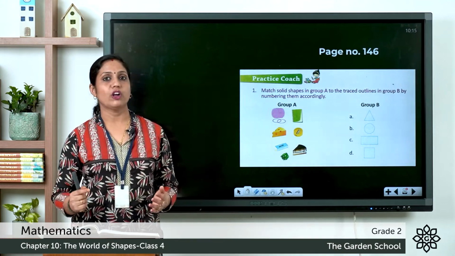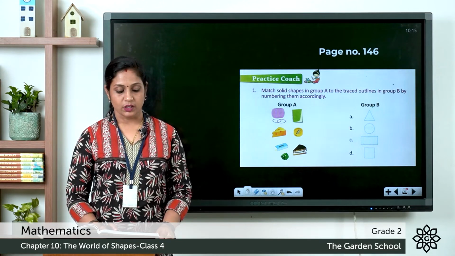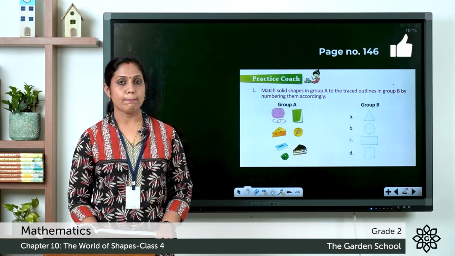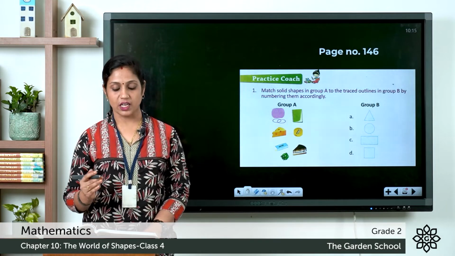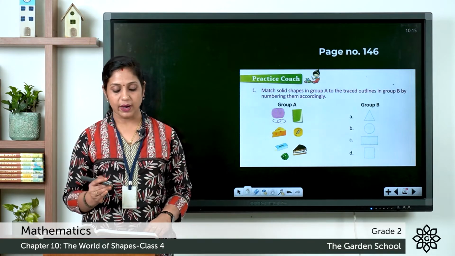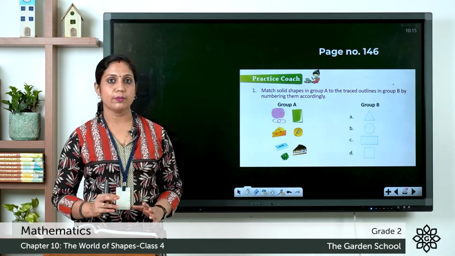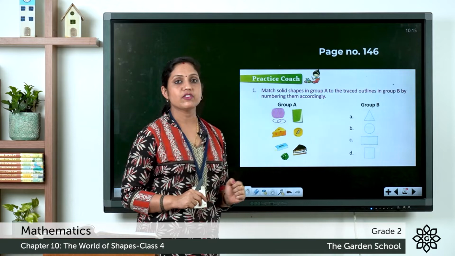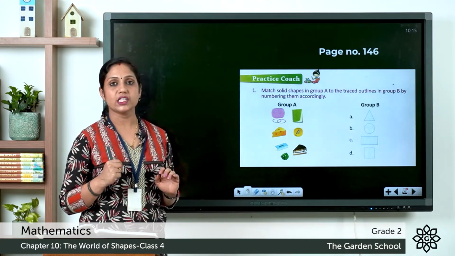Now page number 146, we have some exercise to do. Let's see what it is. First one, practice coach. Match solid shapes in group A to the traced outlines in group B by numbering them accordingly. So in group A, you can see some pictures, and in group B, you have some shapes. Now we have to match them according to the traced outlines.